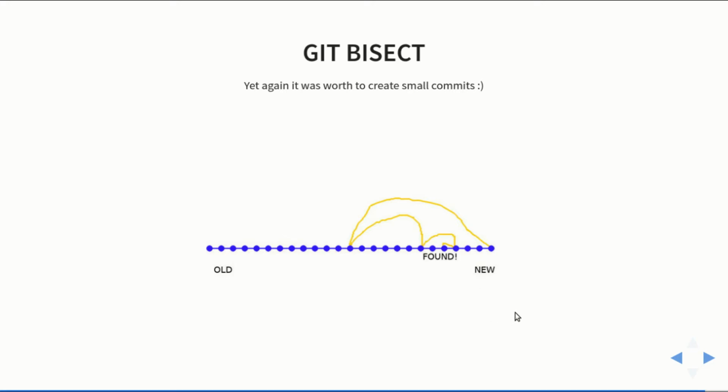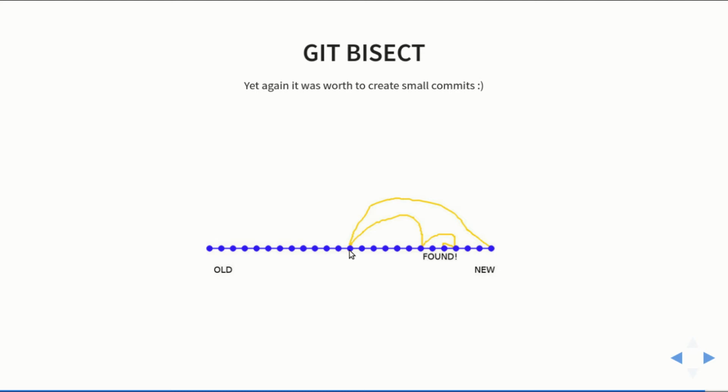First, we need to tell Git Bisect that the newest commit is the bad one, but by that we mean that this commit has the bug already. And then we need to choose at least one commit which is a good one. By that I mean that we know that this commit is free from this bug. There is no bug in it.